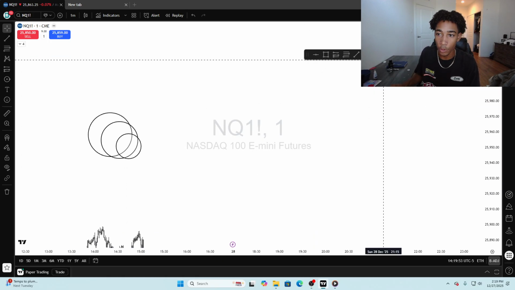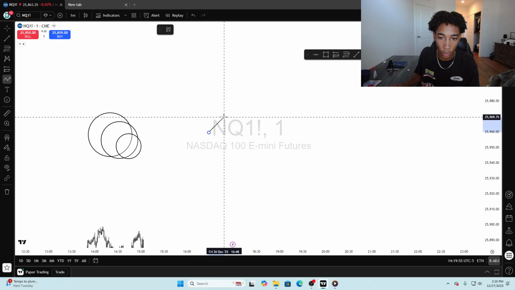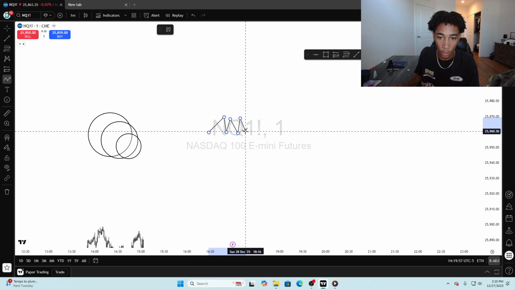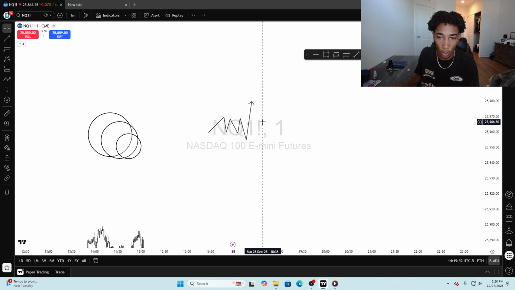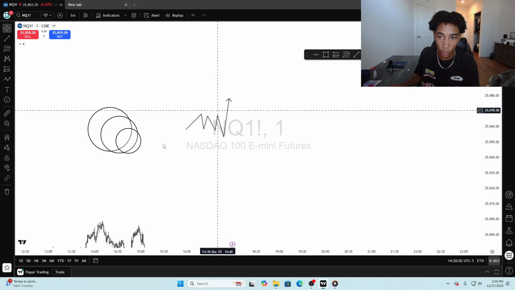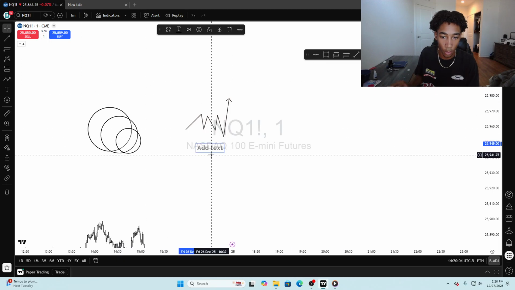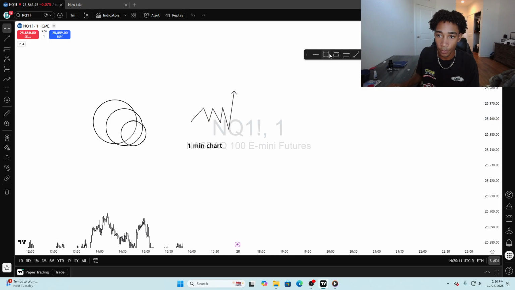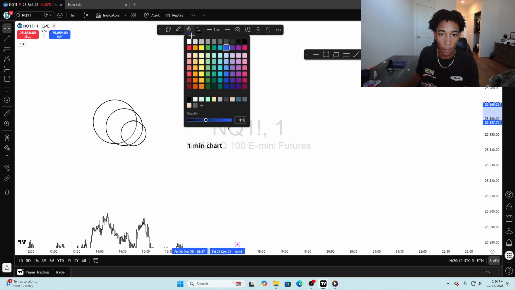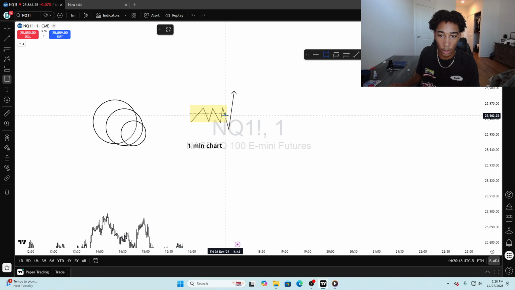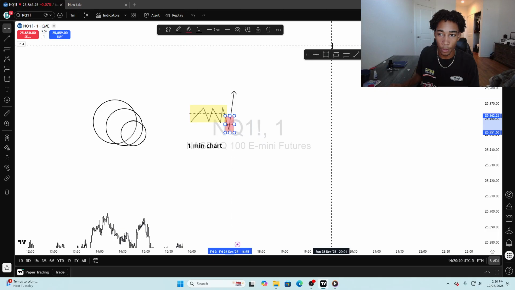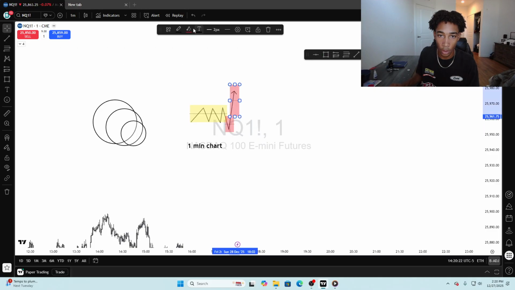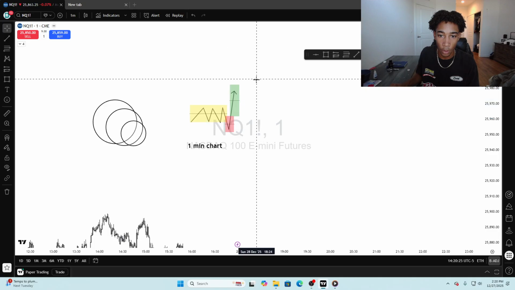Essentially, this is what a Power 3 looks like. So we go from chop, chop, chop, chop, manipulation, right here. So let's have this be your 1 minute chart, and we'll have yellow as our accumulation, red as our manipulation, and should we do green this time?